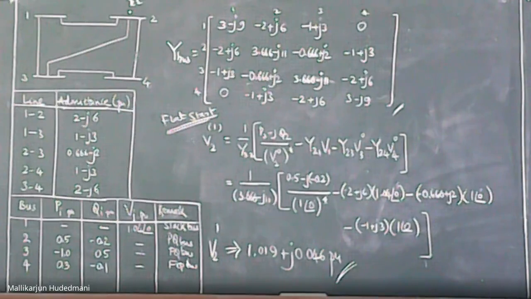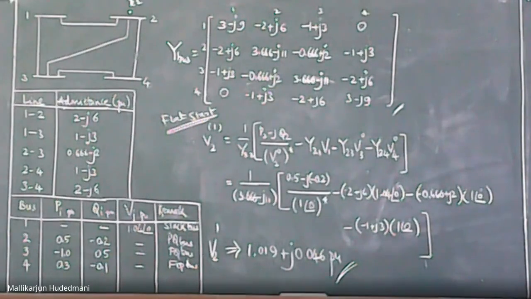Next I have 1 cross 3, row number 1, column number 3, which is the element between bus number 1 and 3. Yes, there is an element given by the data as 1 minus J3, whose negative is -1 plus J3. And there is no line connected between bus 1 and 4, hence it is 0.